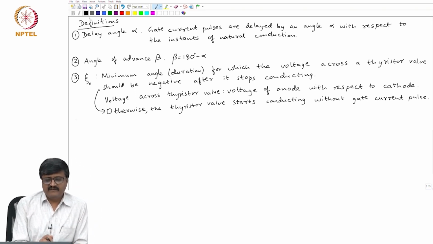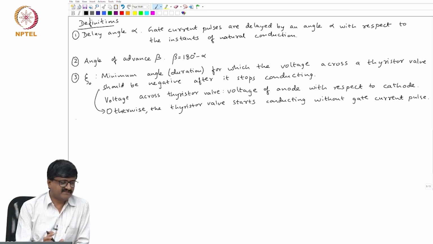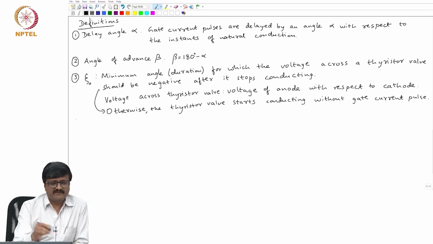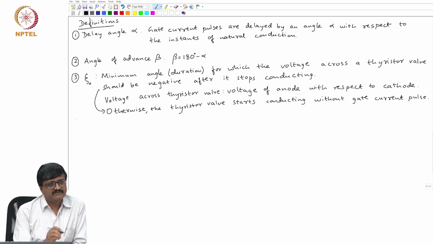Now, why we give it in terms of angle is that once we have a system, the nominal value of the frequency is fixed. Suppose I have this quantity psi naught given for 60 hertz frequency. Now, for 50 hertz frequency, the value will be the same, if not the same, will it increase or decrease? It will decrease.